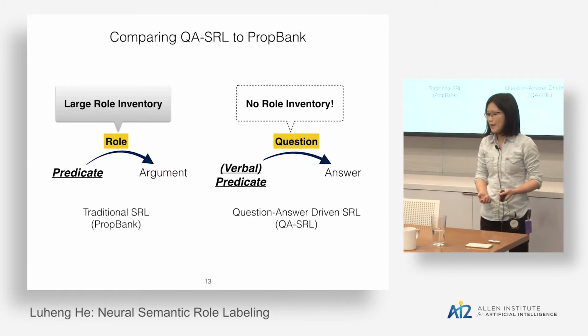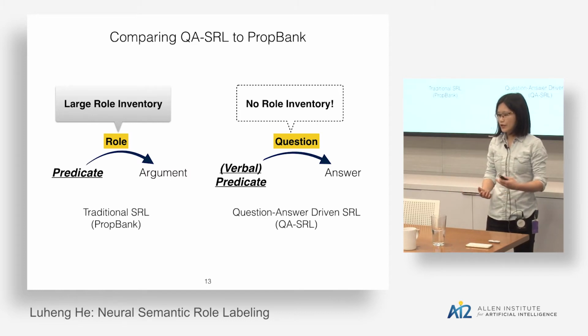So compared to PropBank, the question-answer structure corresponds nicely to the predicate-argument structure, because the answers correspond to the arguments in PropBank SRL, and the questions can be used to describe the semantic roles. Because we are using natural language questions, we no longer need to predefine a set of roles.